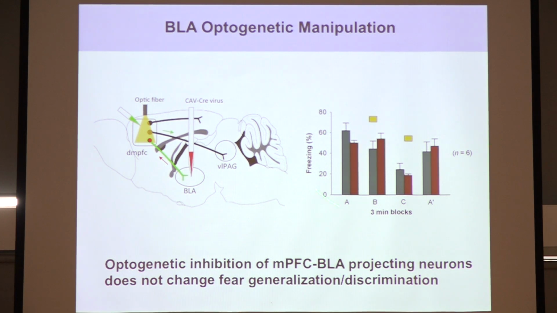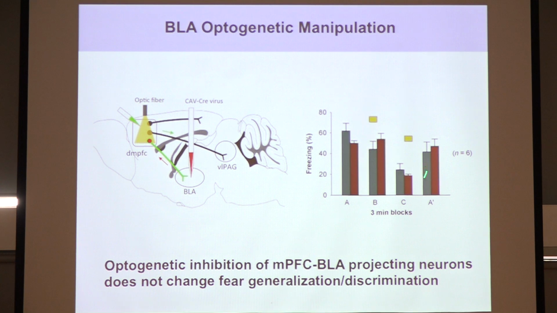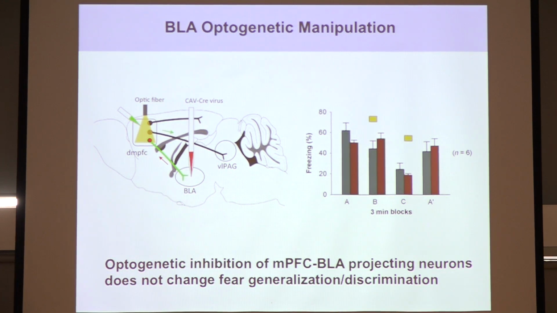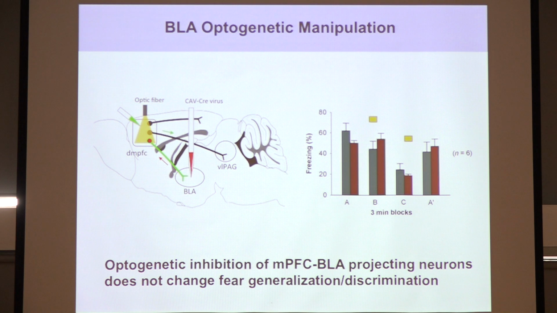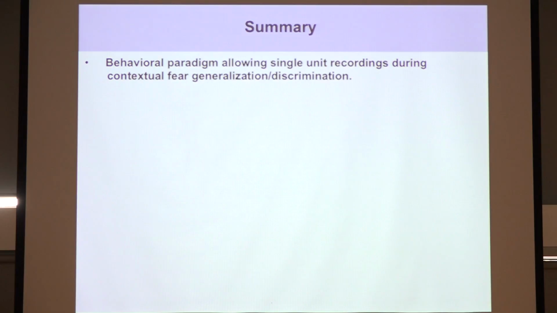This is still preliminary, but we manipulated either in the B or the C context. In gray, we manipulated the B, and this has no effect. When we manipulated the neurons in the C context, this has no effect either. So we didn't find any change in freezing behavior upon the optogenetic inhibition of mPFC neurons that project to the BLA.